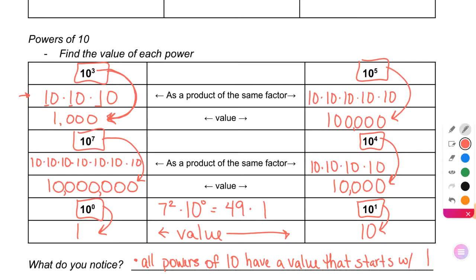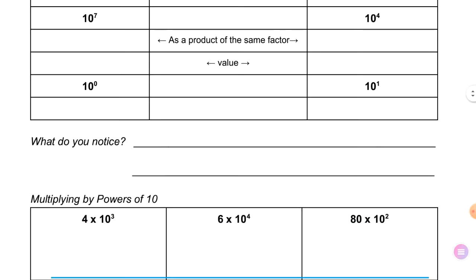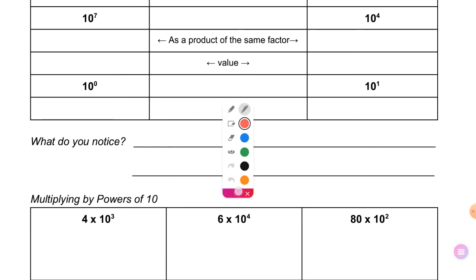The exponent tells how many zeros are in the value. And again, that's a trick. But if you can't remember it, just write it out as a multiplication problem and do the mental math.